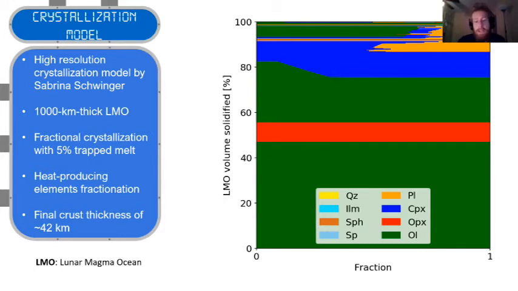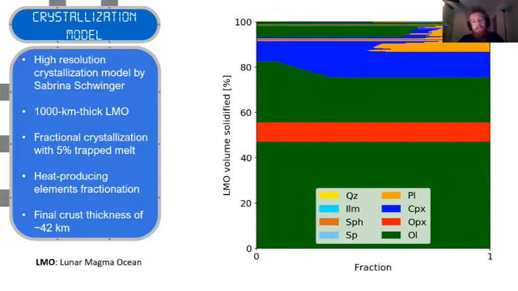And essentially what Sabrina did is that she used 2 different codes, which are in a sense Gibbs free energy minimizers, which are codes in which you give an initial composition in terms of major elements, as well as temperature and pressure conditions and other conditions. And from that, you can compute how much material crystallizes and what the crystallizing phases are.